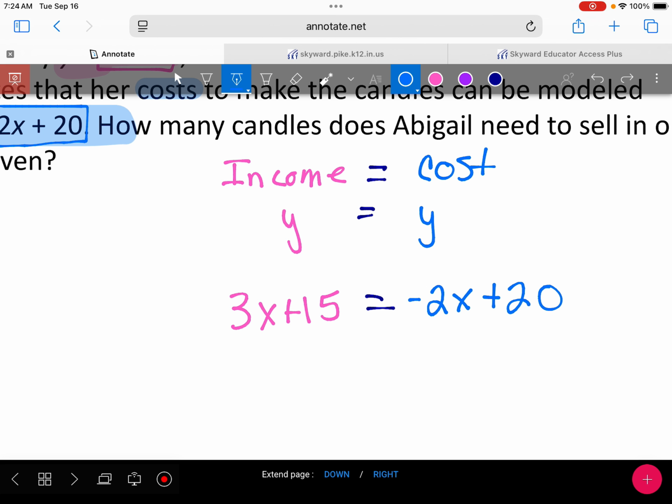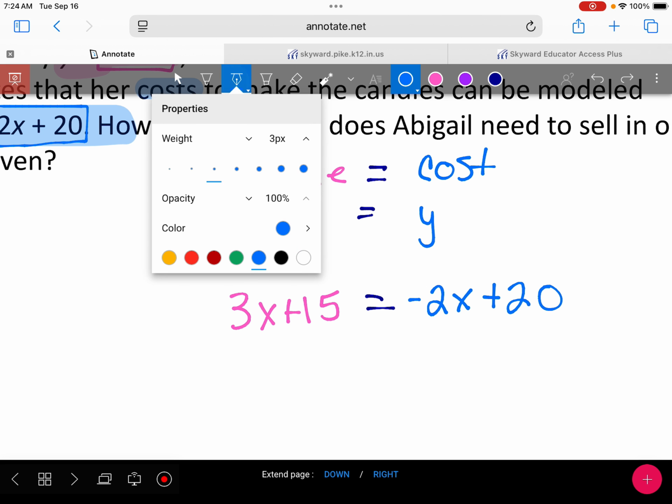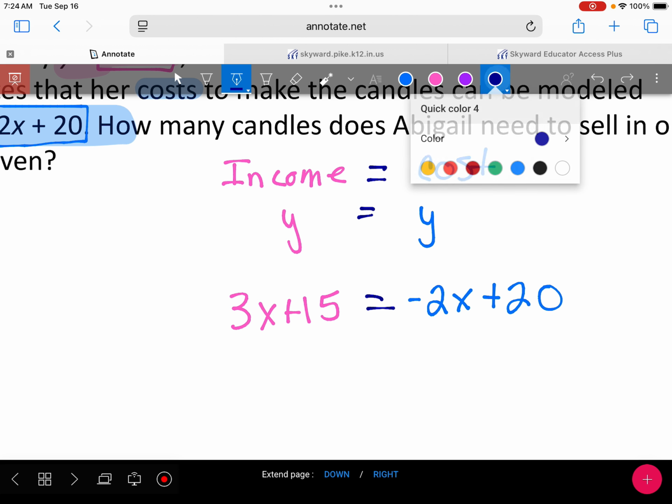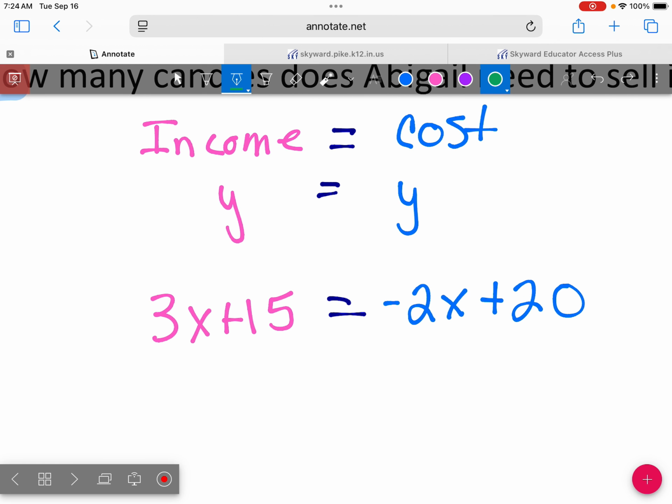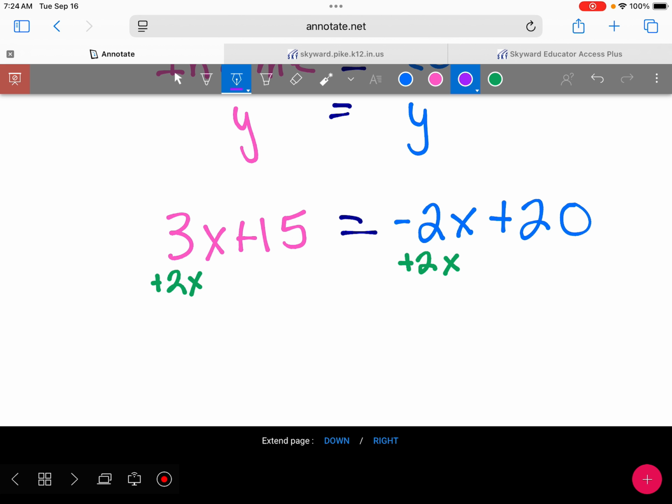What should we do here? Add 2x to both sides. Let's get those x's together. I want to add 2x. That's going to give me 5x plus 15 equals 20.